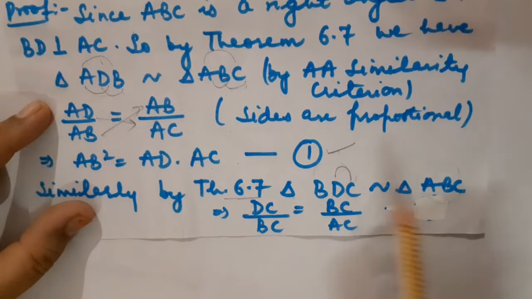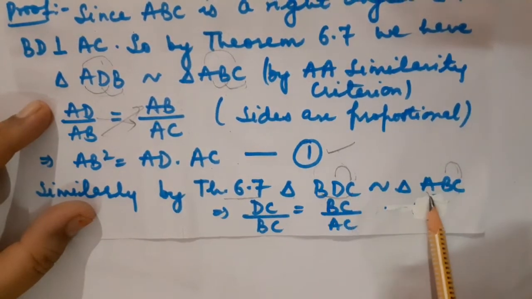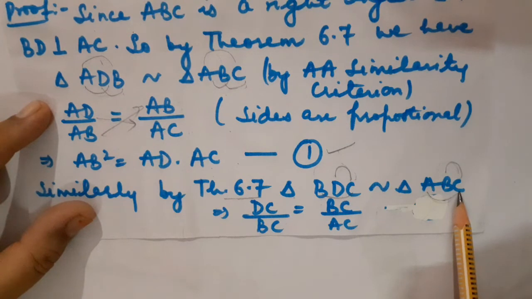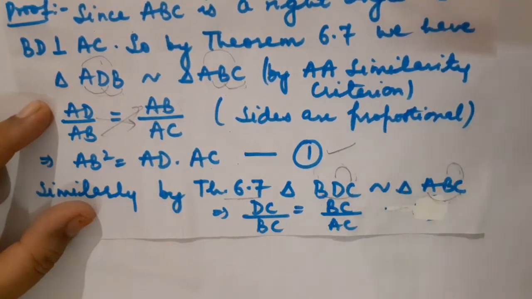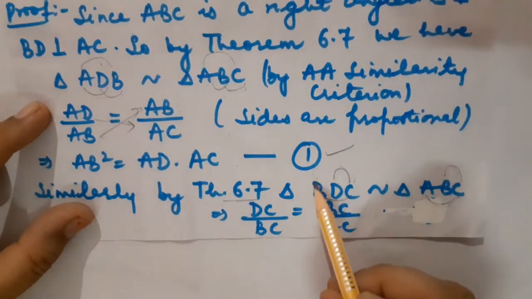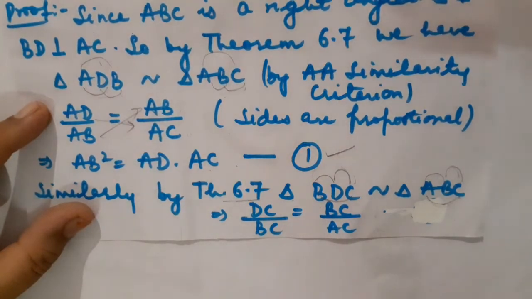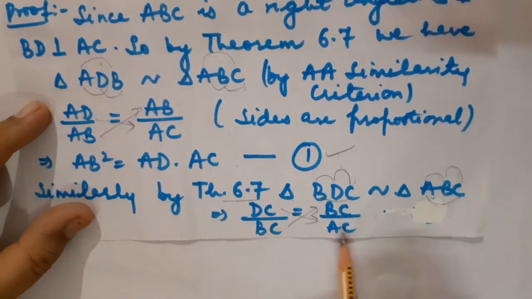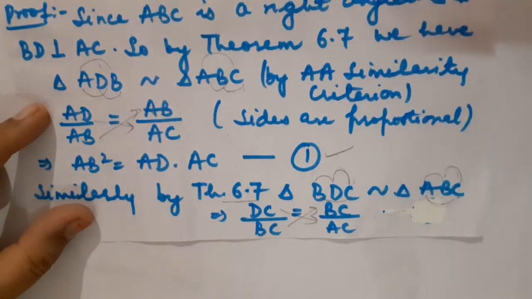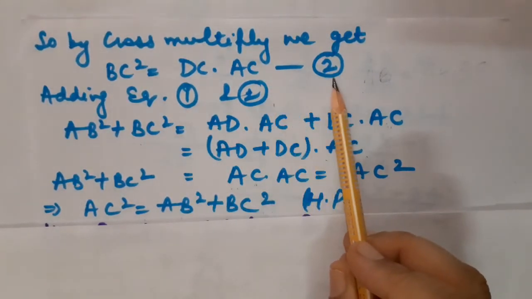It means DC upon BC is equal to BC upon AC is equal to BD upon AB also. But I don't require that relation as I want BC square here. So while cross multiplying, I have got BC square is equal to DC into AC. Right children? So let it be considered as equation number 2.